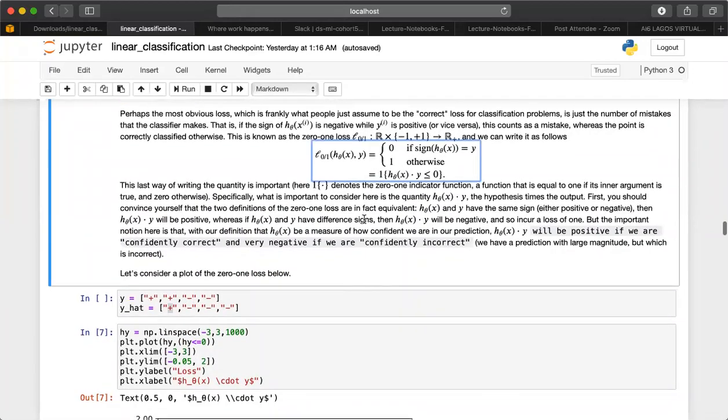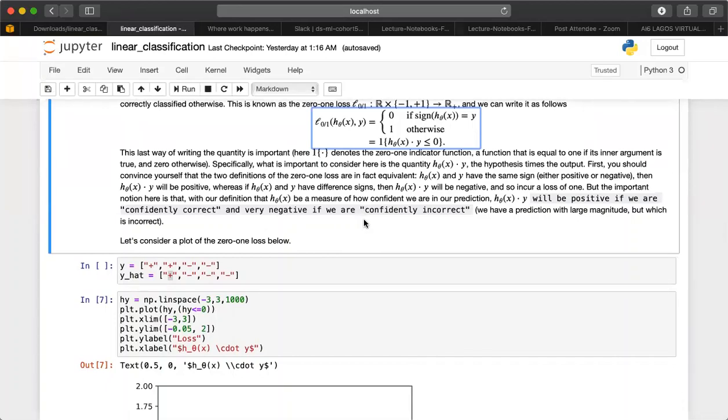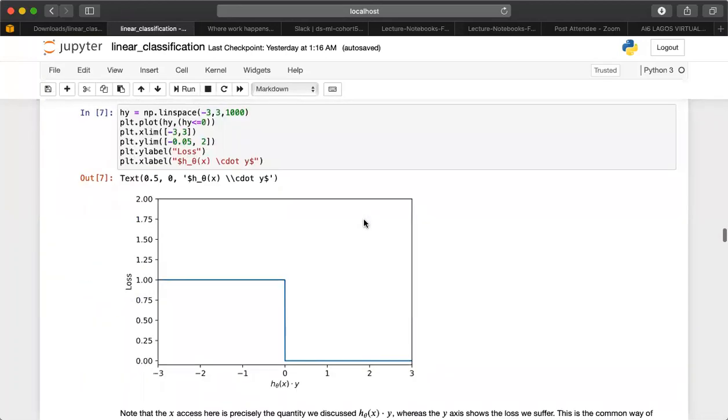Exactly. So we need to go back to looking at the diagram. In real life, this 0-1 loss is the optimal loss, the loss that we want. But we cannot optimize this. We cannot learn with this loss. When we're talking about optimization, we're talking about whether we can look at a loss function and move down in a gradient kind of way.